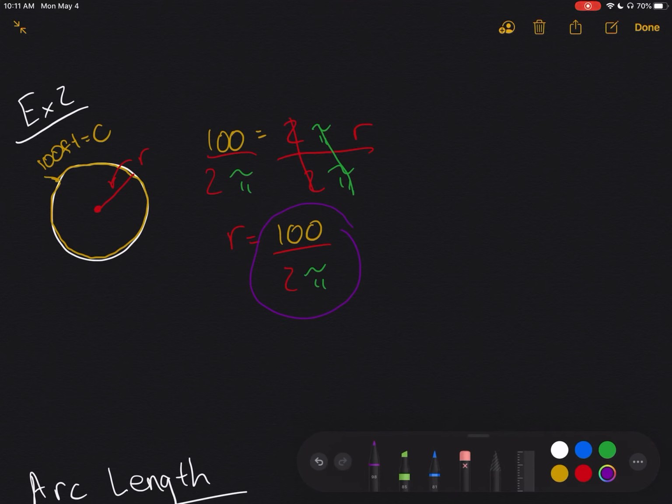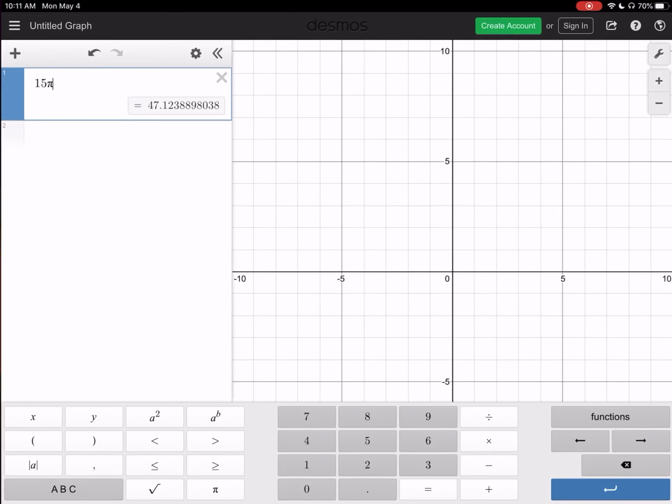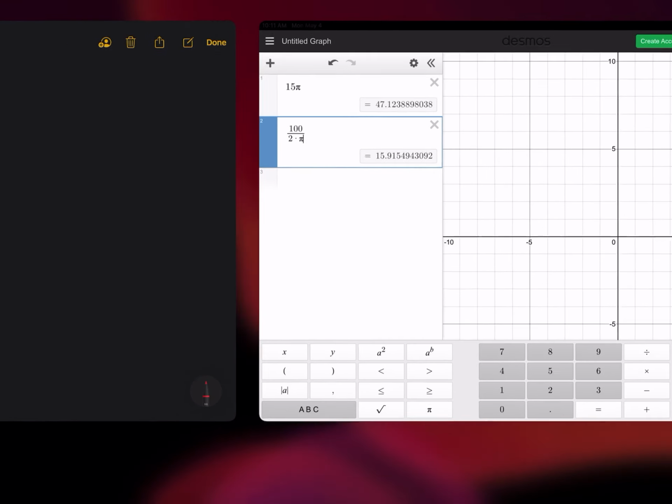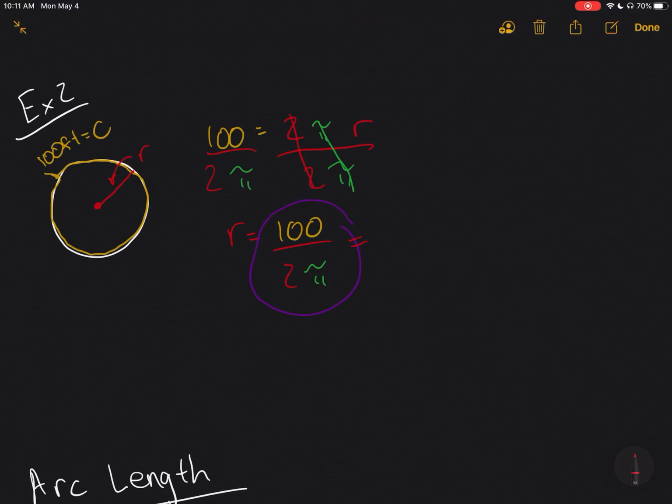If you were asked to round to a couple decimal places, then this is where you go to Desmos and plug it in. So we'll do that as well. I want to plug in 100 divided by 2 pi. So 100 divided by 2 times pi is 15.92, which is our radius.